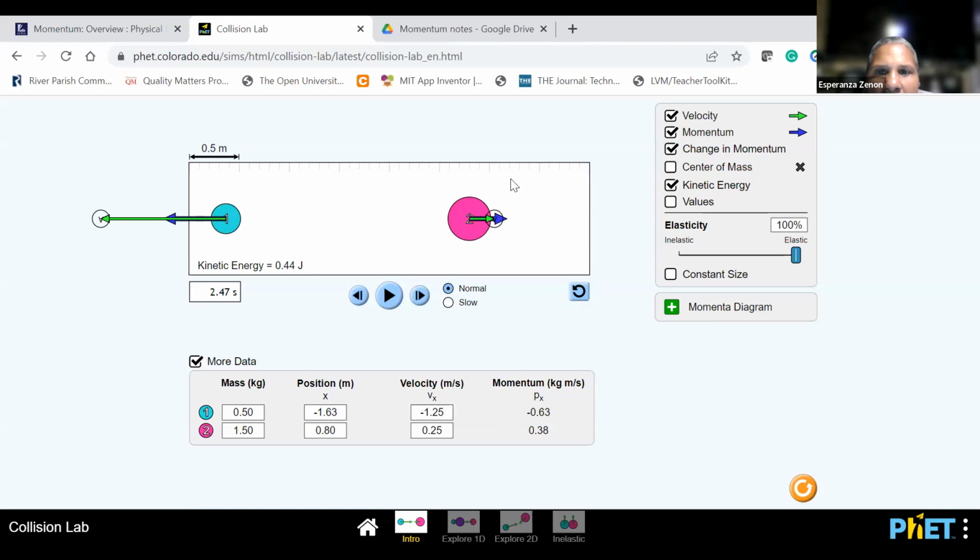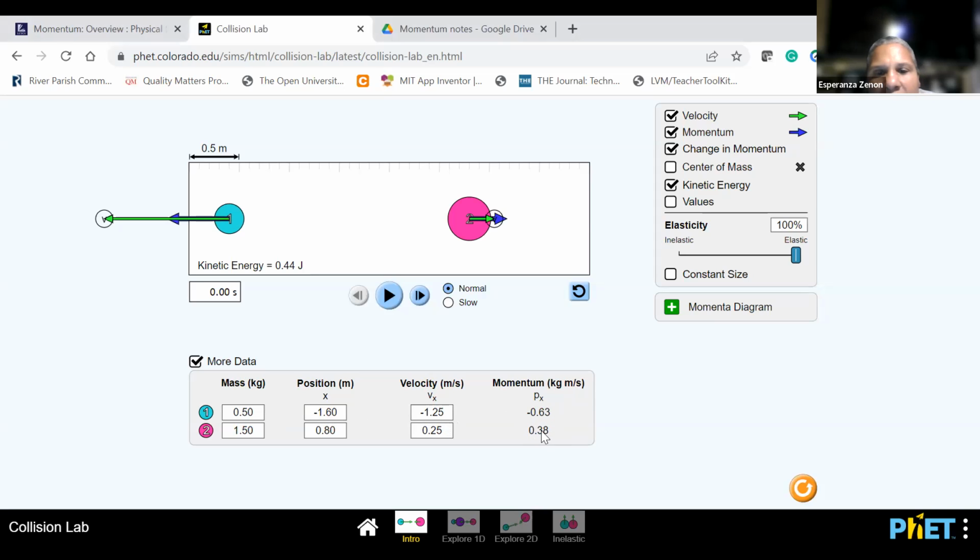Let me see, maybe I need to see where that screen is at. I'm looking for it on the screen. I don't see it. Maybe I have to hover over the objects. Let's see. Okay, yeah.